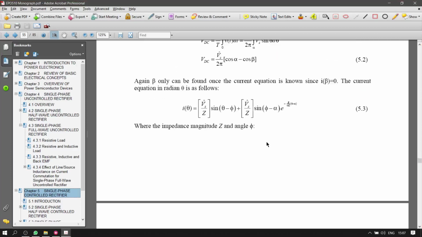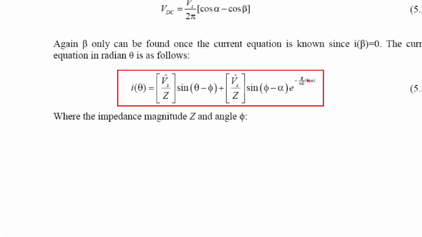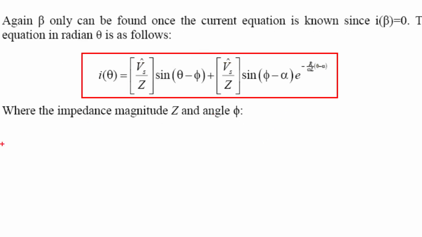So this is the current equation, even though this is for single phase half wave. Then you can determine the beta here, because we know that at beta the current equals 0.